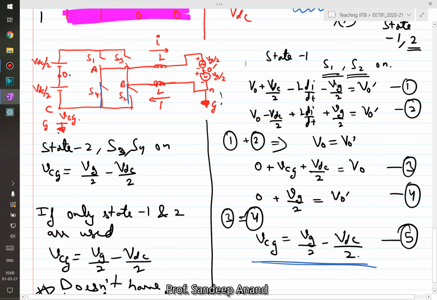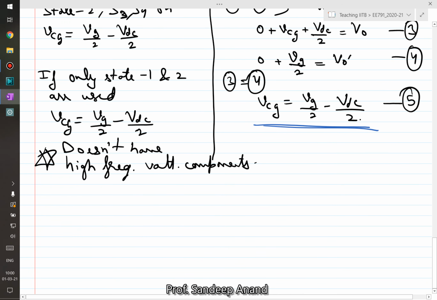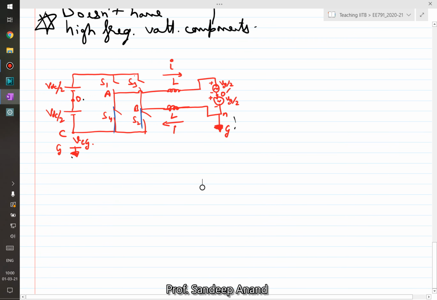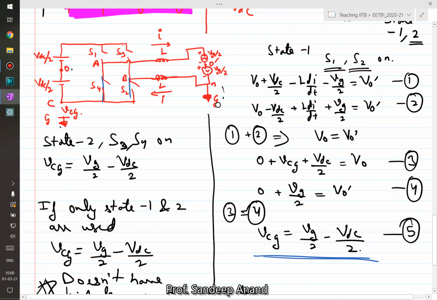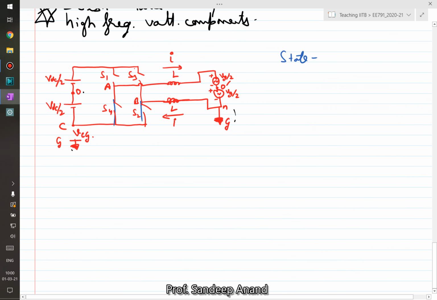Maybe I need to copy this figure further. So we are talking about state 3, where S2 and S4 are on. In that case, if I start from VO, I can write two equations.